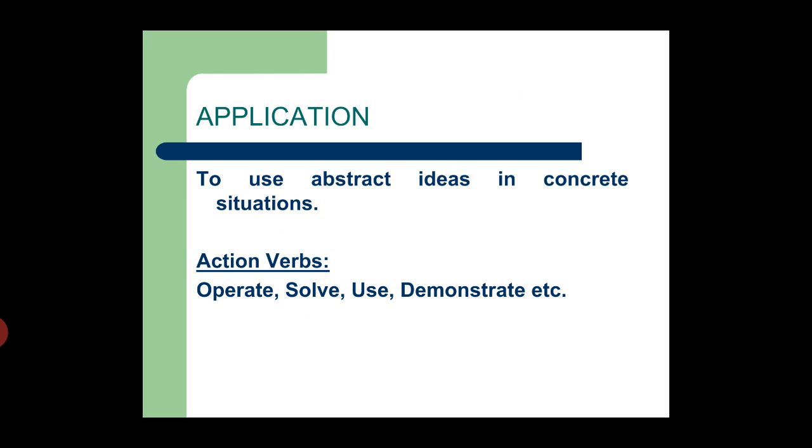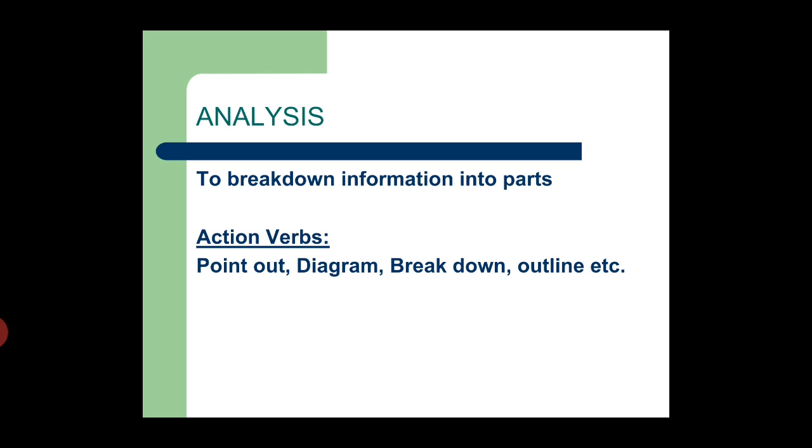Third is application, meaning to use abstract ideas in concrete situations, meaning whatever the students have learned, whether they are able to operate on the basis of that, solve things, use the knowledge and demonstrate it.